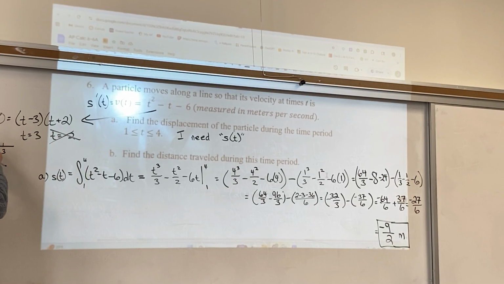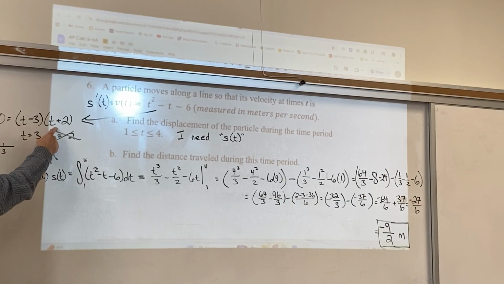Was it after 3 or before 3? Before. Because if I plug in 2, I get a negative. If I plug in a 4, I get a positive. So I think it's negative here.